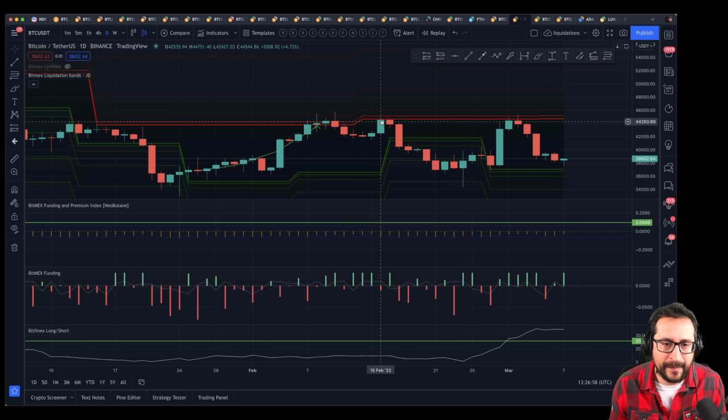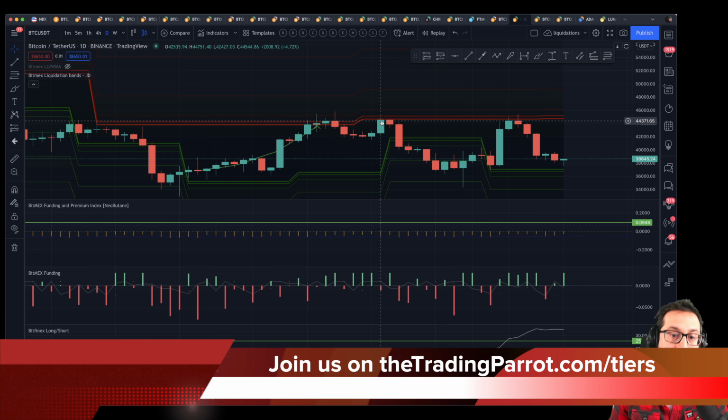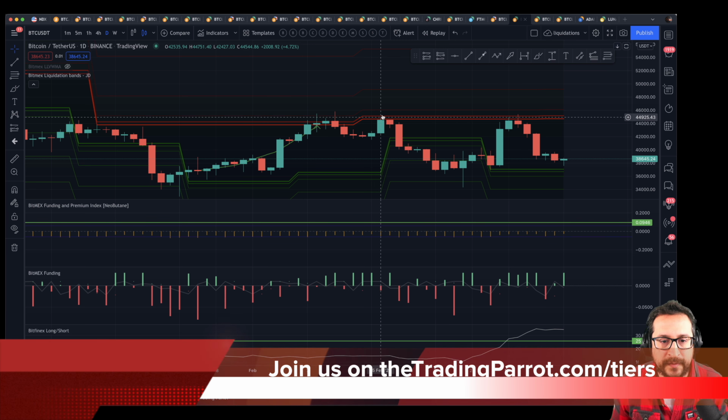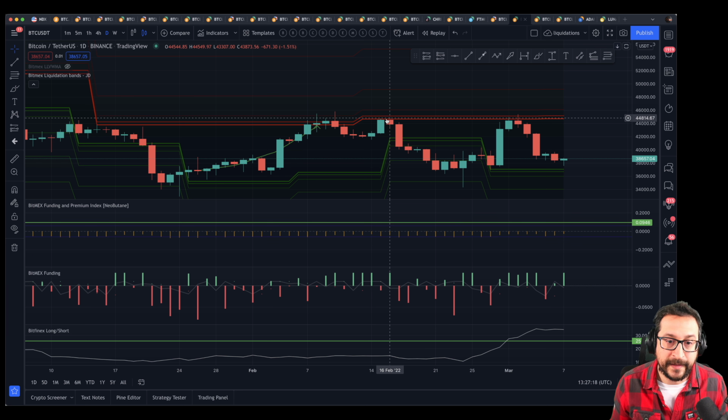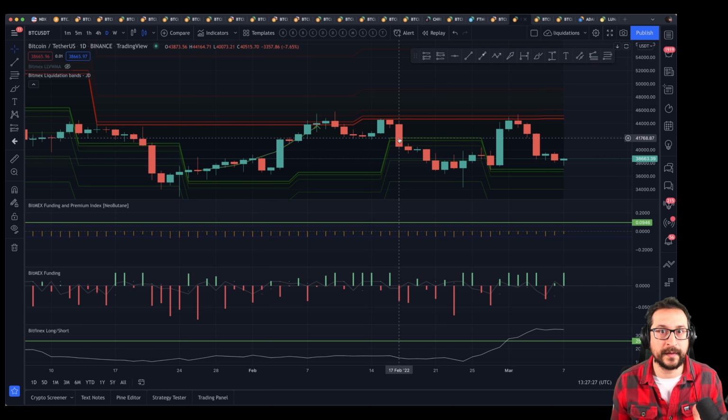When we came back up to this level here, the liquidation band went higher. So in order for the 100x to get liquidated, the price needed to go above that. And at these prices, they were shorting. They started shorting, people started taking profits here, and the price came back down here. At these levels, you start seeing that the price is crossing the green lines, which means that the longs are getting liquidated here.